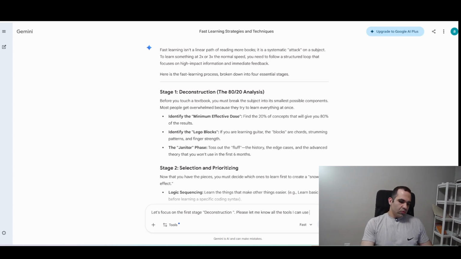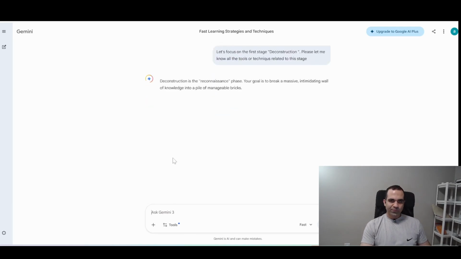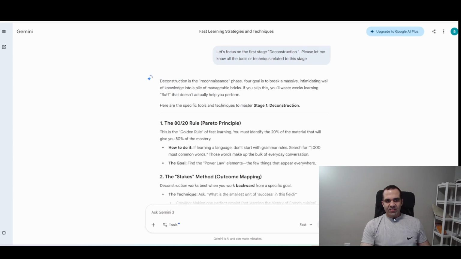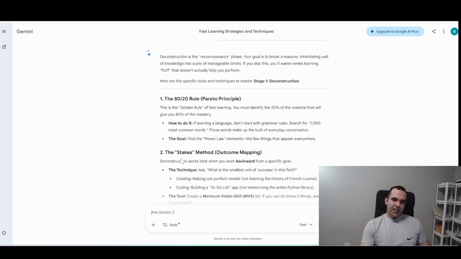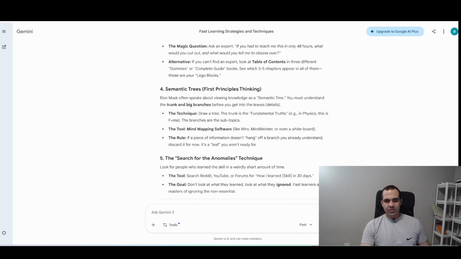Please let me know all the tools or techniques related to the deconstruction stage. 80-20 rule, the stakes method, expert interviews, and semantic trees.